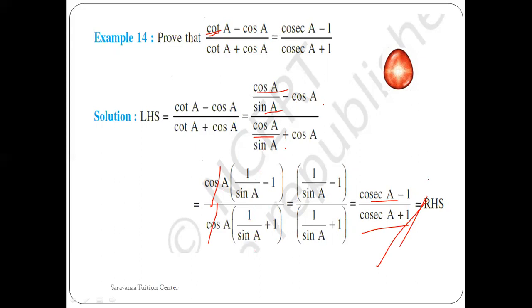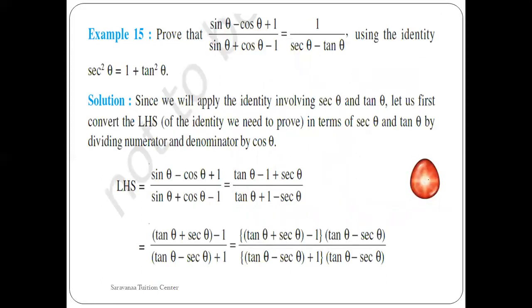Okay. Moving on to the next question. Example 15. Prove that sine theta minus cos theta plus 1 by sine theta plus cos theta minus 1 equals 1 by secant theta minus tan theta. So it is so simple that you need to first divide everything by cos theta.